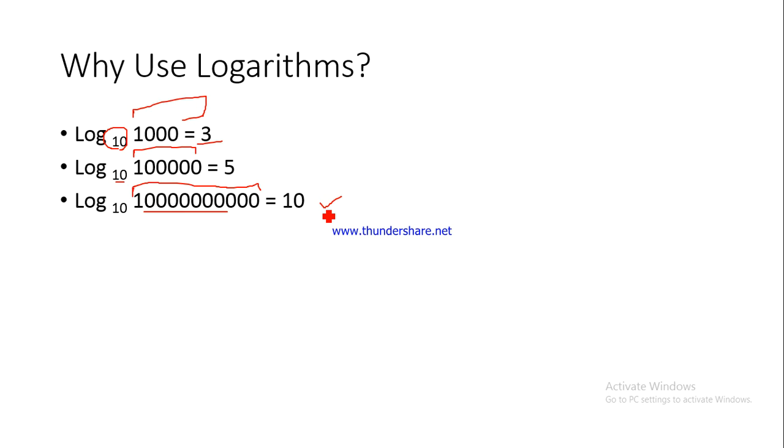Now can you guess why we are making use of logarithms? Many a times the values which we are dealing in are so big that it's just not easier for us to write down these values every single time. So what do we do in such places?